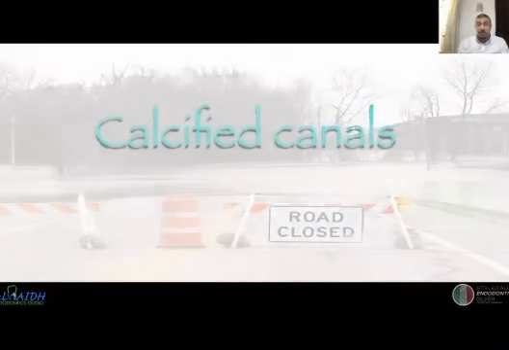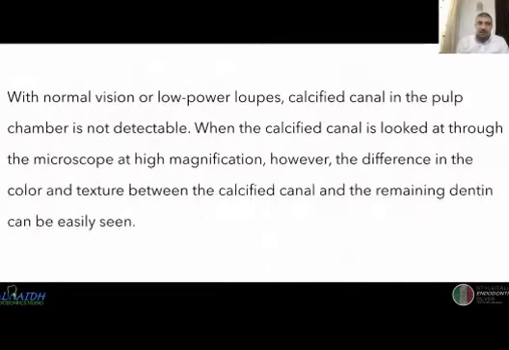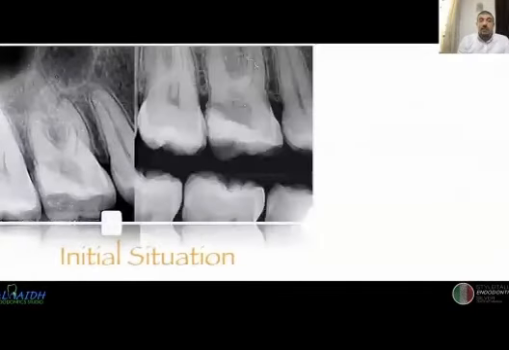It's very important because with normal loupes or even high magnification loupes, it's not easy to identify calcified canals in the pulp chamber. While with the microscope, because of better magnification and better illumination, we can easily find the calcified canals through the pulp map.